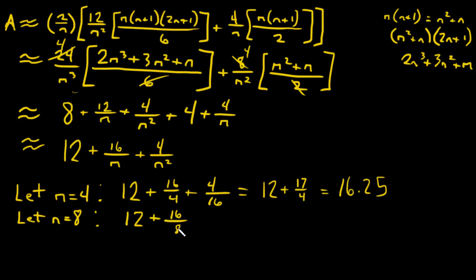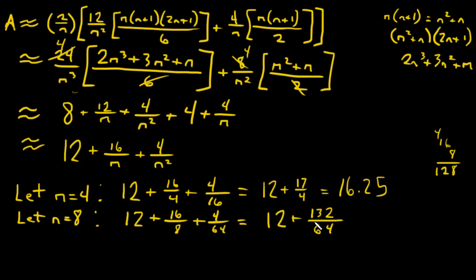Okay. Now, if I do 8ths, so let n equal 8, I'm going to get 12 plus 16 over 8 plus 4 over 64. So this is going to be a big mess. I've got to convert it to 64, so 16 times 8. What is that? 128. I think that's right. So it's going to be 12 plus 128 plus 4 is 132 over 64. I think that's right.